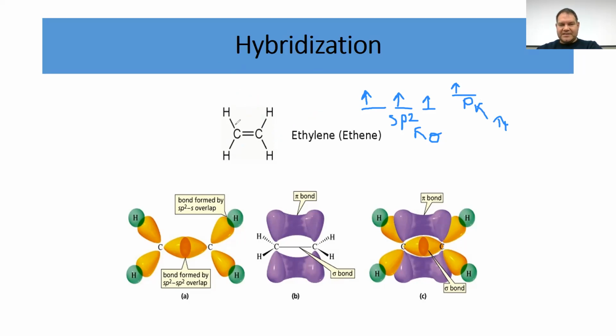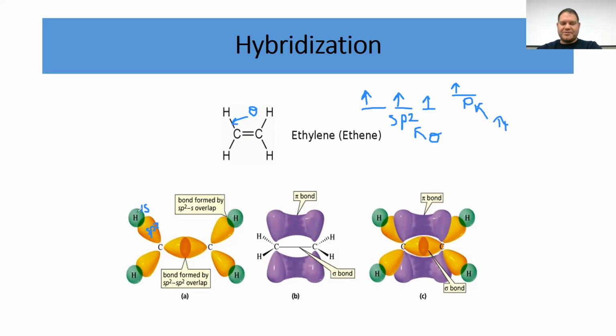So that means the covalent bond between this carbon and this hydrogen is forming by a sigma bond. It's a single bond. This sigma bond is an sp2 orbital overlapping with a 1s orbital.